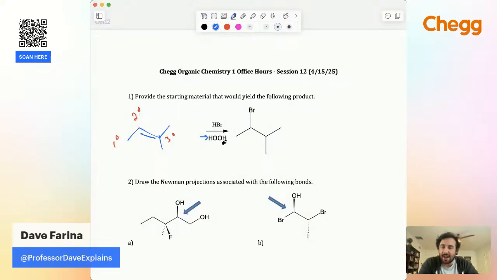And that's why anti-Markovnikov hydrohalogenation put the bromine on the less substituted secondary carbon. So that's what we're doing. We know that it is anti-Markovnikov, and we're just comparing the substitutions on these carbons to discern where the pi bond was in the starting material. So it turns out it is that one.